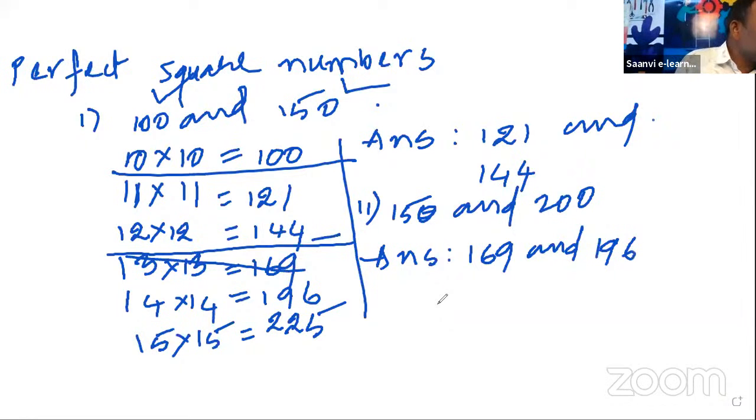Is 56 a perfect square? Give reason. What is the second one? Is 56 a perfect square?